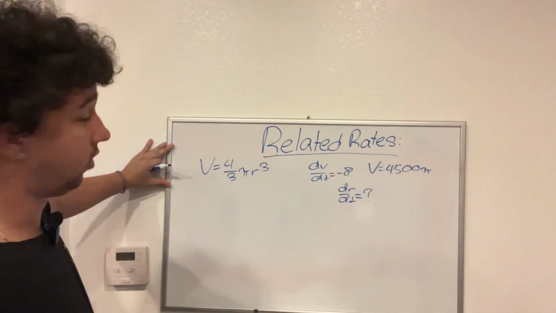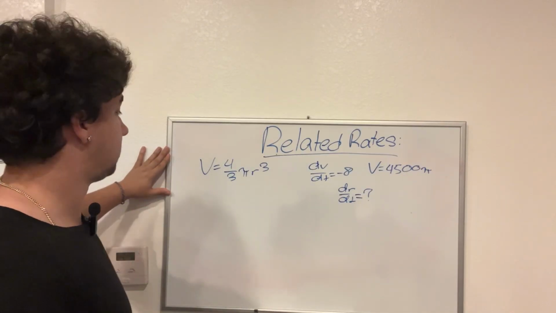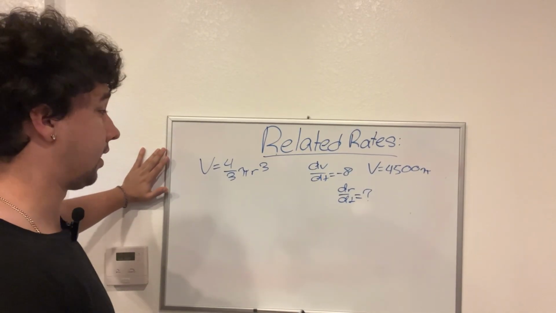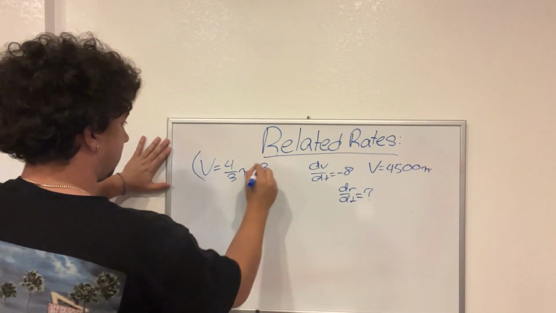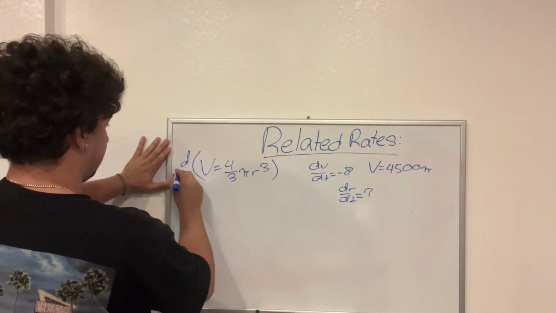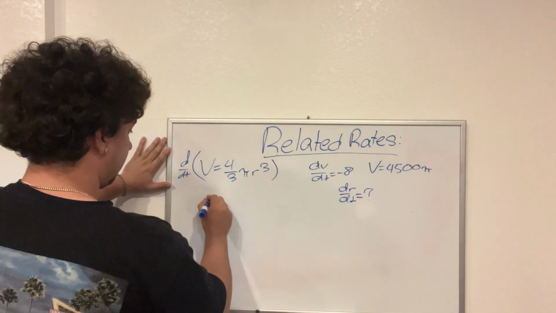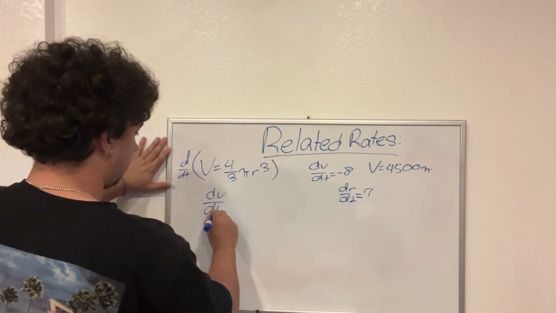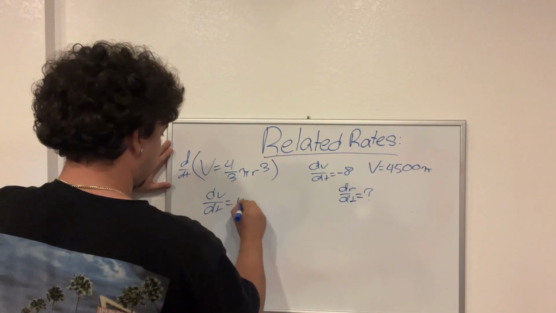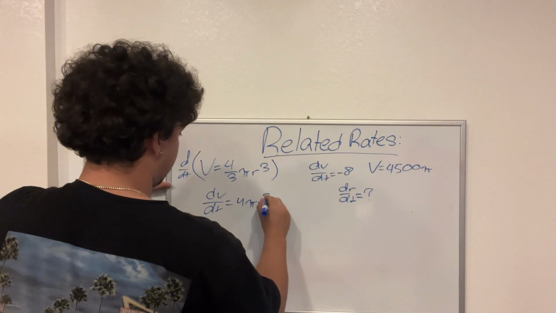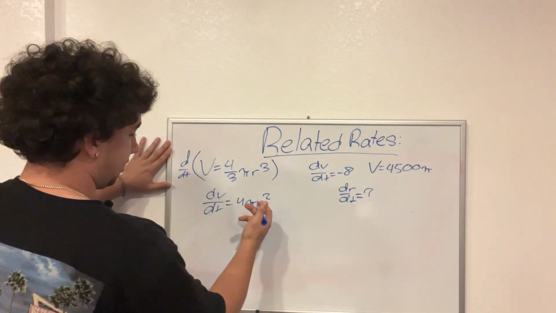So what do I do now? Well, it's not asking me for the radius, it's asking me for the radius with respect to time, the rate at which it's decreasing. So I'm going to have to differentiate the whole thing. Essentially, I'm taking the derivative of the whole thing. That gives me dV/dt is equal to, well, the 3 goes out in front, so 4 pi r squared, and again, remember chain rule, there's a little mini t in there.